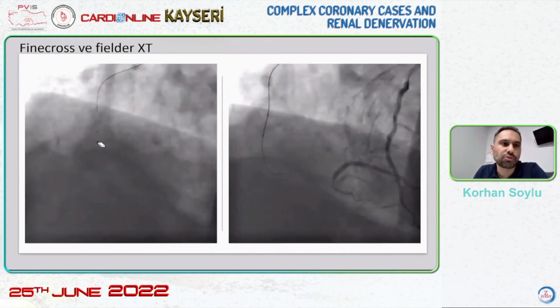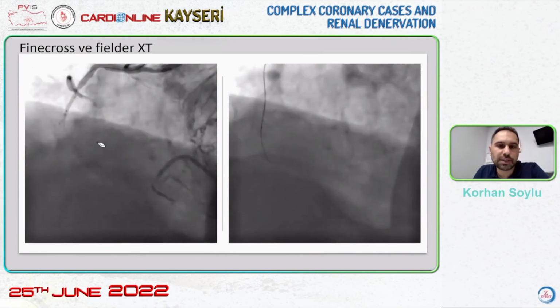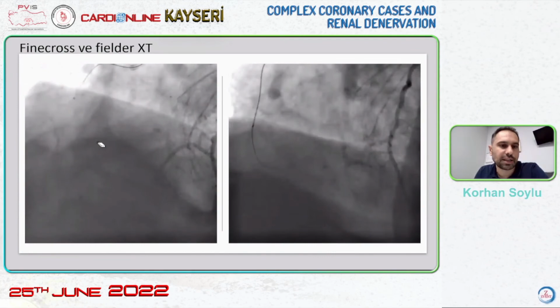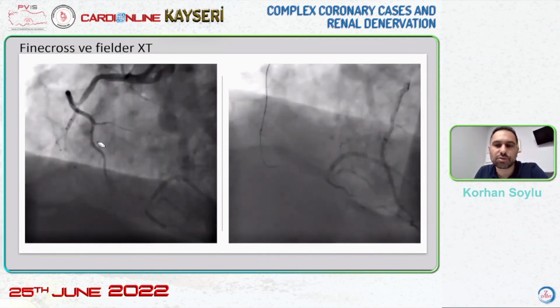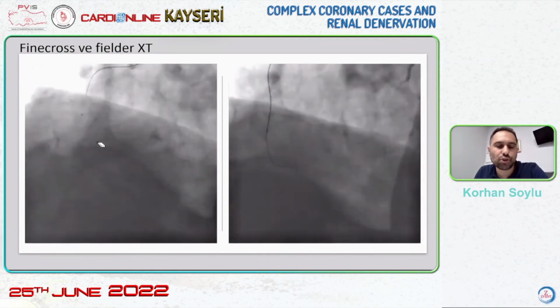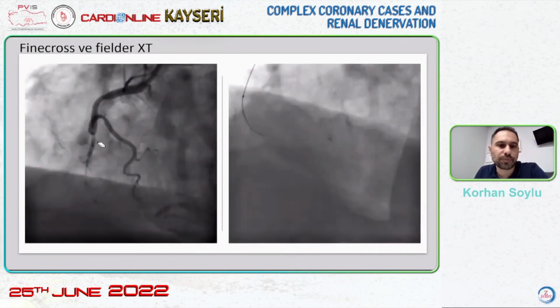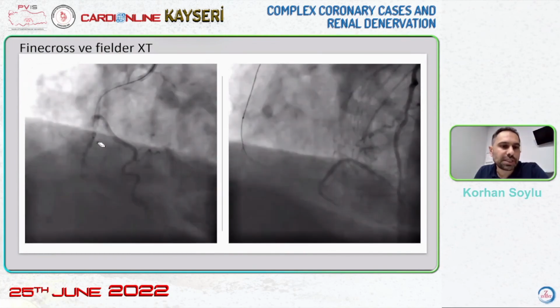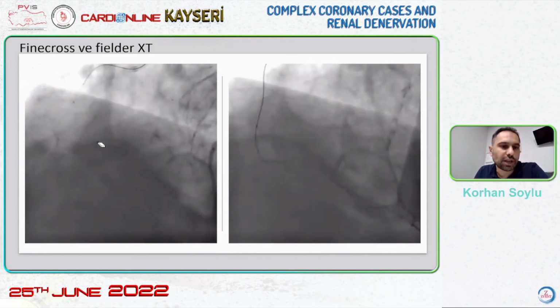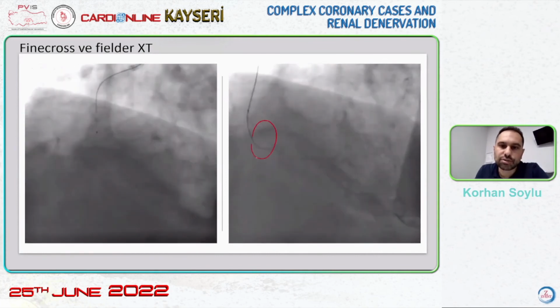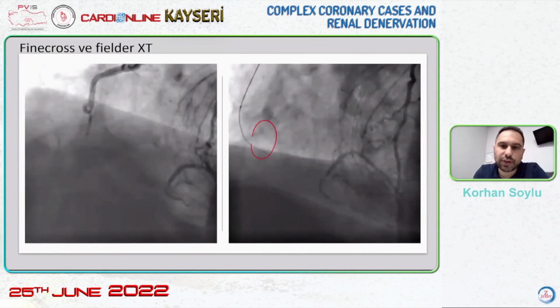This is not 100% secure, but microchannels are used very well in many patients, as also presented by Kürşat in CTO patients. This is generally the first preferred wire. In tandem lesions, the microchannel is seen clearly and the Filter is passed very easily.